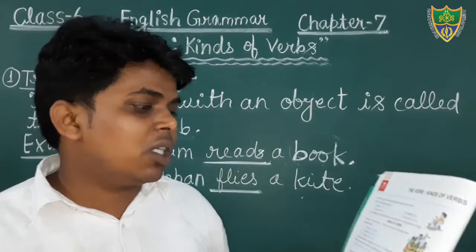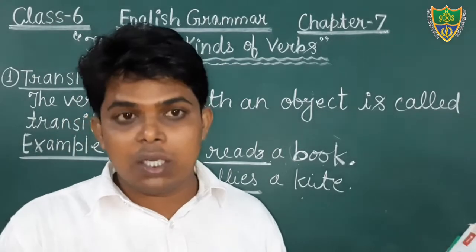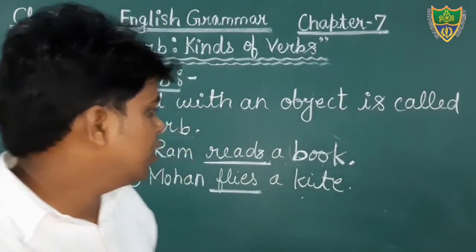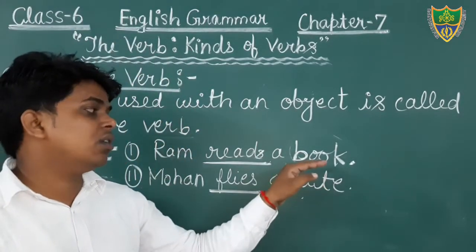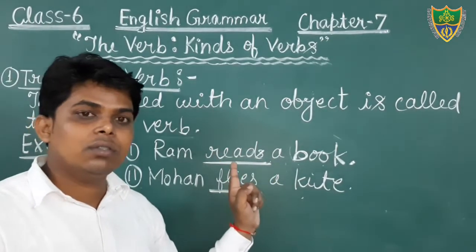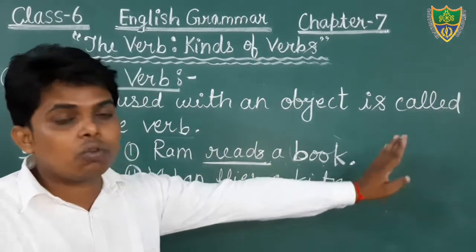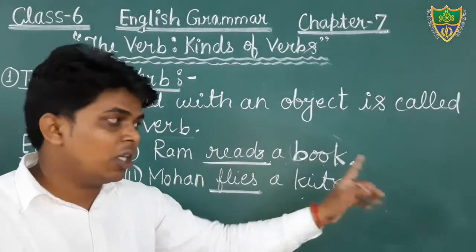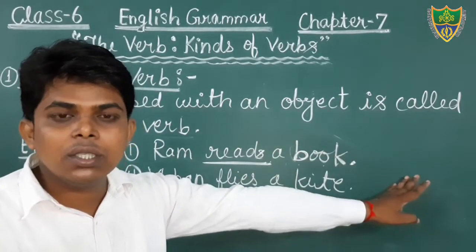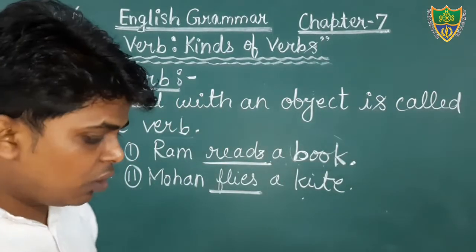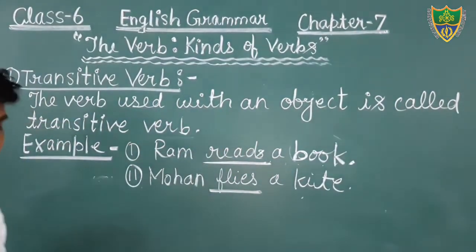The object that answers the question what is called direct object. If we are getting the object as the answer, then that would be the direct object.